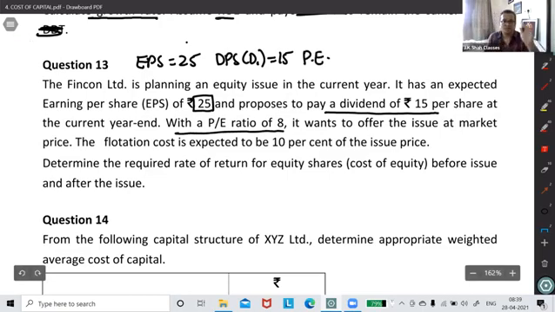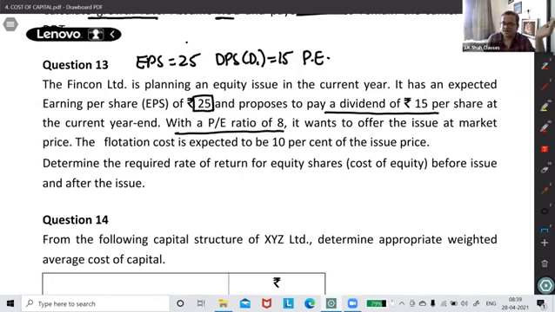In some other topic they ask ratios. Even if you're not okay, you have to do it. So P/E will help us to calculate what? MPS, correct.